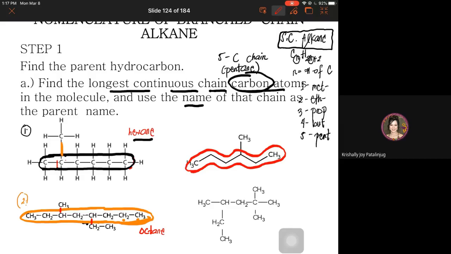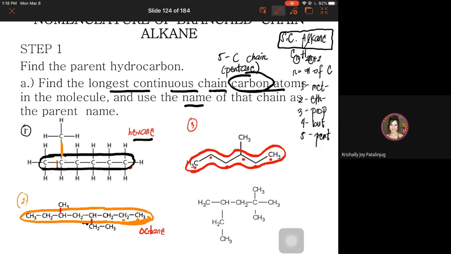Ilang carbon yan? And what is the name of the chain for the third molecule? Hexane. Okay, very good. Hexane. 1, 2, 3, 4, 5, and 6. You have to count the carbon, longest carbon chain.